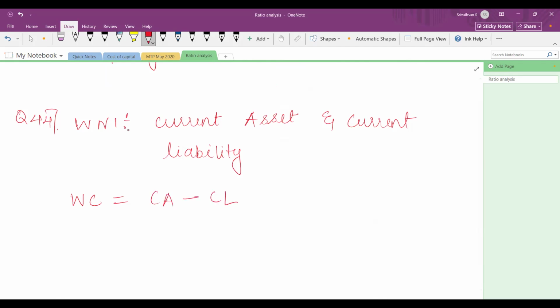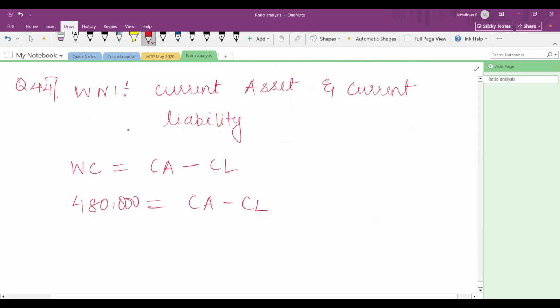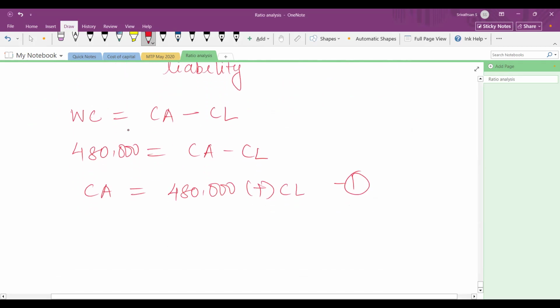Current asset minus current liability is equal to working capital. Working capital is 4,80,000, which is equal to current asset minus current liability. So first equation I can write as current asset is equal to 4,80,000 plus current liability. This is equation 1, right?